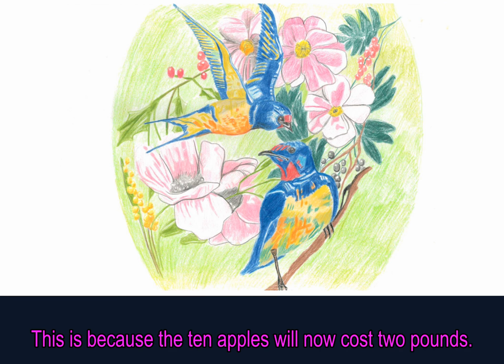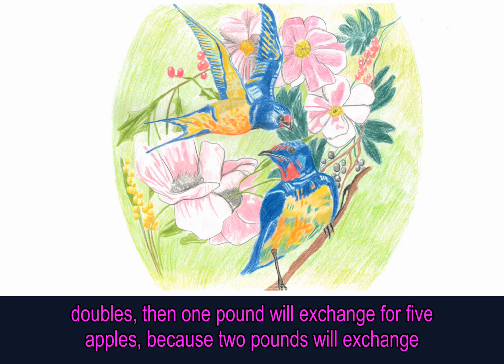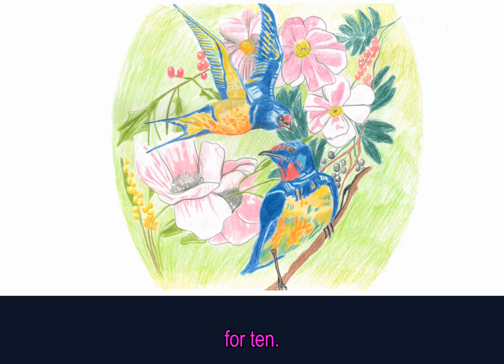This is because the 10 apples will now cost £2. So if I have £1 which will exchange for 10 apples, and the price of this £1 doubles, then £1 will exchange for 5 apples because £2 will exchange for 10.